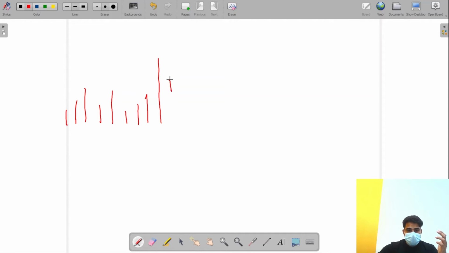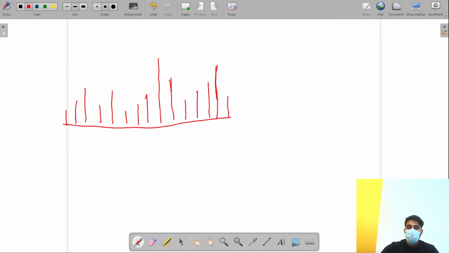After that it reduces, again reduces, then increases again and again. And again it reduces, because we all know that the stock market is unpredictable and uncertain. If today's stock price is increasing, there is a possibility that tomorrow it decreases. So these are the stock prices, with a graphical representation, of some days.